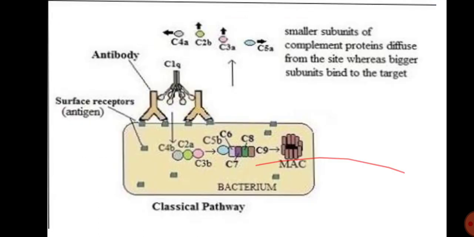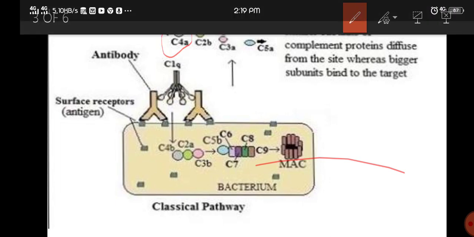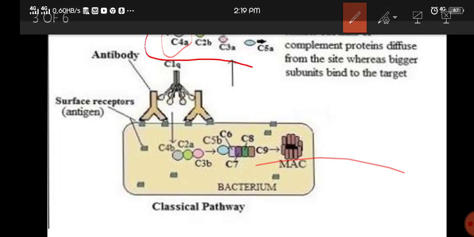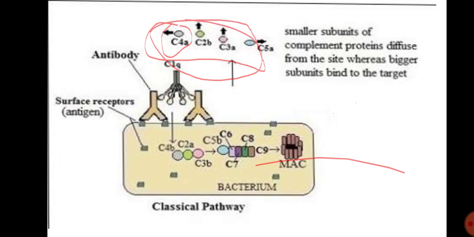Here you can see C4b has bound to the C1q on the surface of the bacteria, and C4a, here is the C4a, has been detached from the C4b, and now it is present in the plasma. These all have some role that will be discussed in the clinical significance and the biological effects.